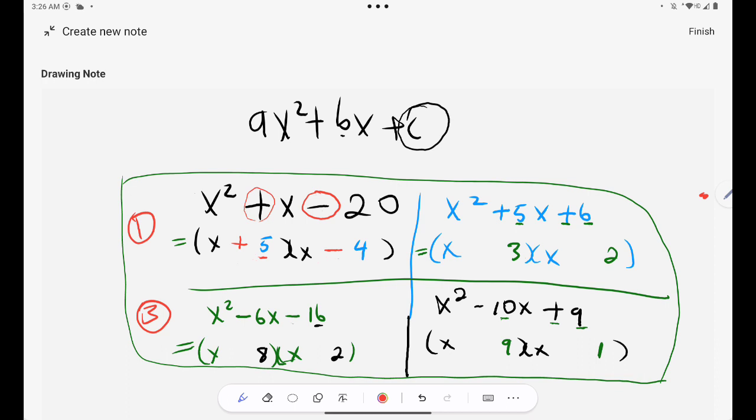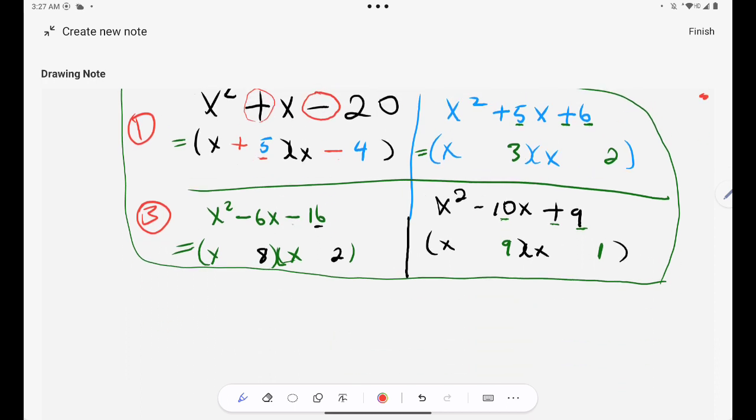Are we together? Same thing applies with number 3. The constant term here is 16. I have a negative value here. Since my value is negative, it simply means that my two brackets will have different signs. But I don't just guess which bracket gets a plus and which gets a minus.